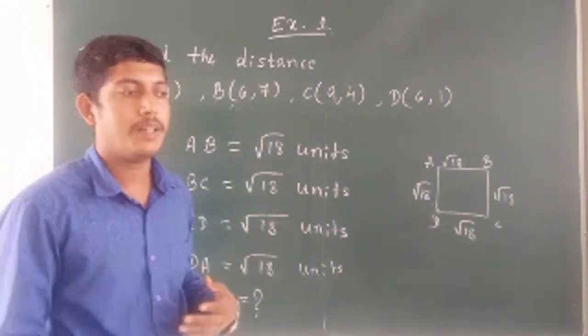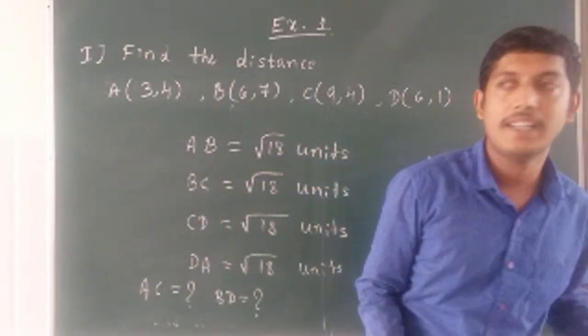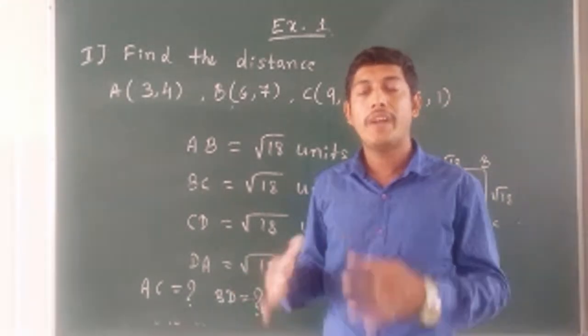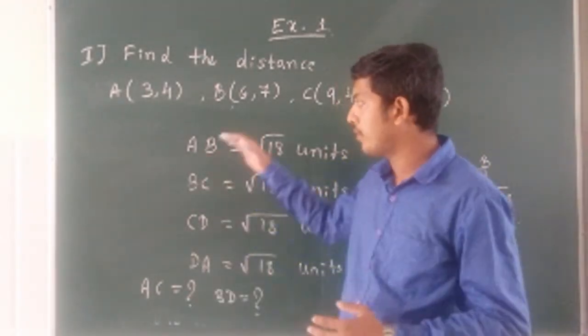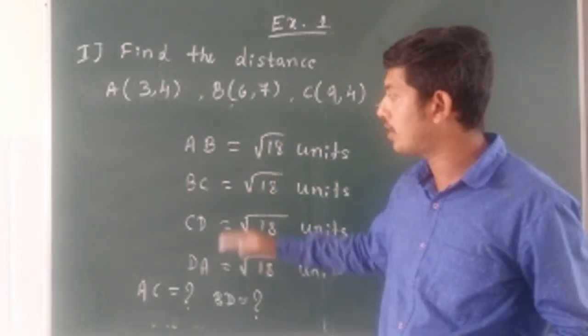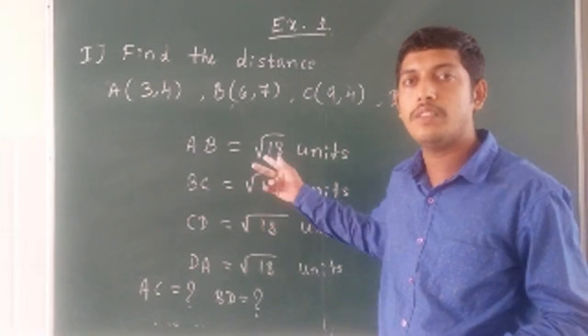Similarly, another type: if 4 points are given and we have to find out which figure they constitute. When we calculate the distances AB, BC, CD, and DA, suppose we get two values that are equal.